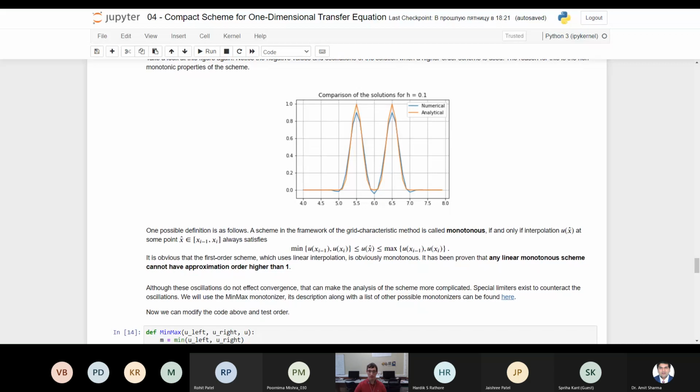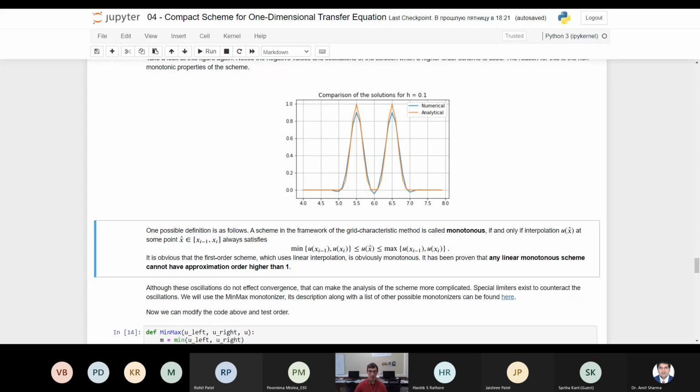One of the definitions is the following. Consider that we have function u at points i-1 and i. We want to interpolate this function at this point, which is between those two, which is presented here.